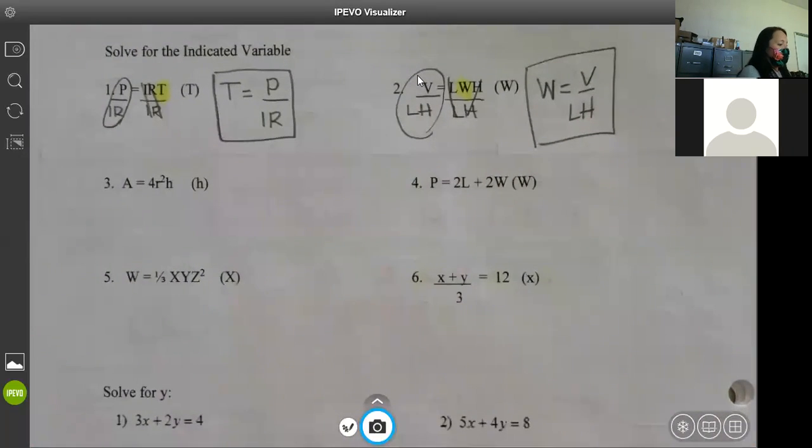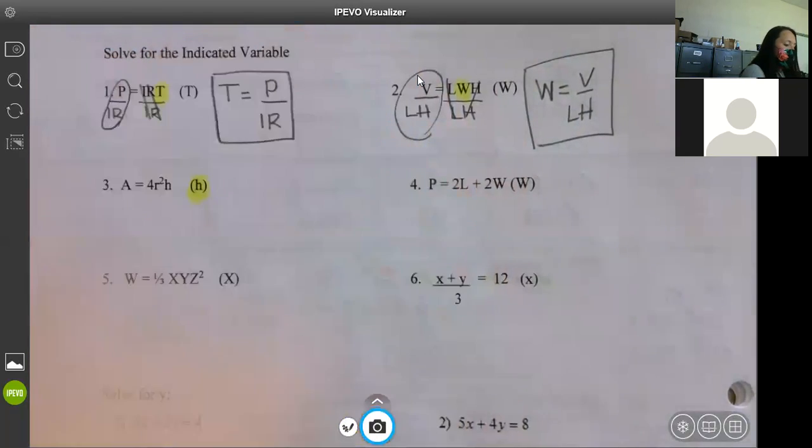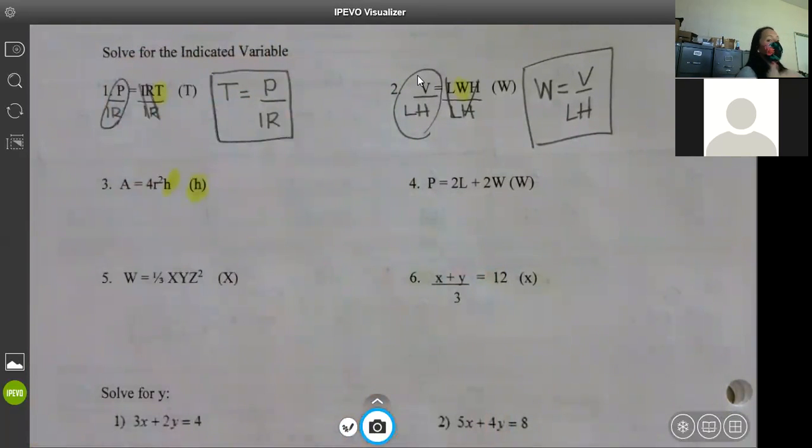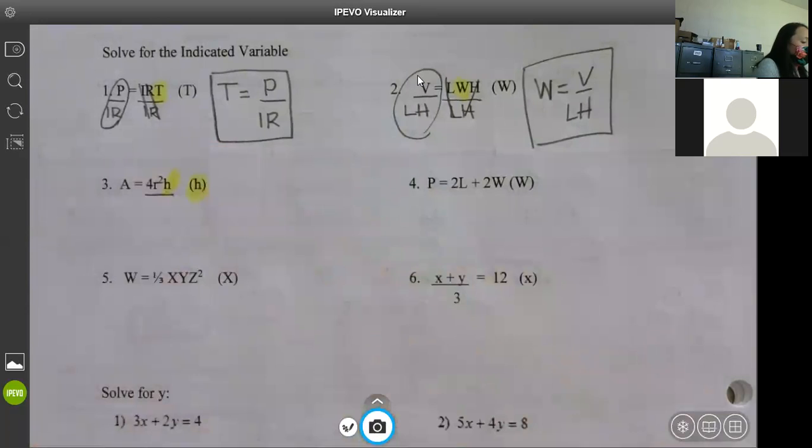Look at number 3. This one has a number, and it has r squared, and it has this h. Sorry, I highlighted the wrong h. I'm trying to solve for this h right here. If these things are side by side, 4, r squared, and h, what's the operation that we're doing? If they're side by side, multiply. Same thing as always, right? We just got a number this time instead of variables. We want to solve for h. To get rid of multiply, we divide.